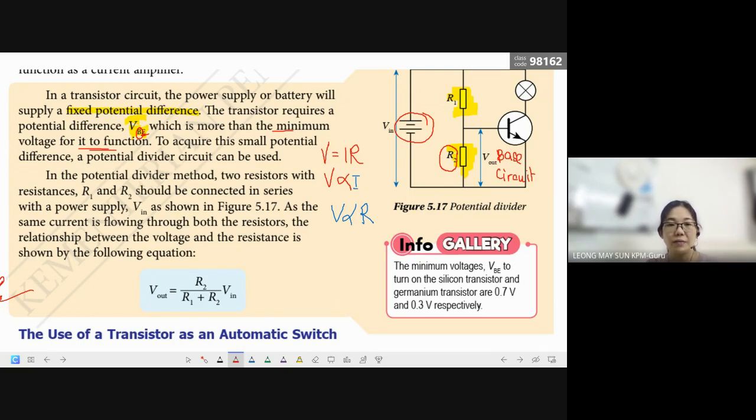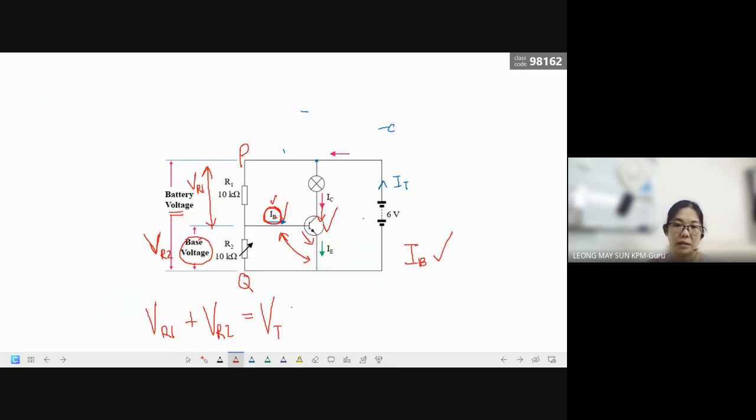In the potential divider method, two resistors should be connected in series with a power supply V_in. As the same current flows through both resistors, the relationship between the voltage and the resistance is shown as follows. How did they get this formula?